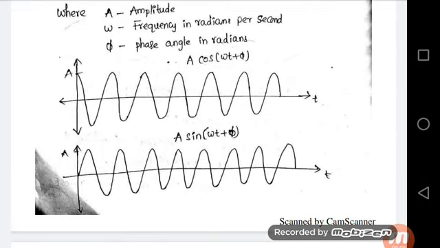For example, we are seeing the below waveforms, a cos(omega t plus phi). We are observing the starting of the signal.